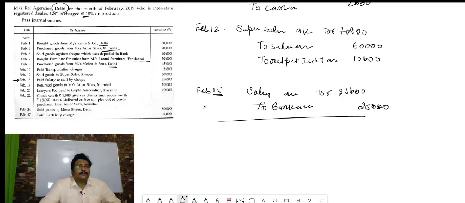Now, Feb 18, return goods to Mrs. Amar Sells Mumbai. Bacha, this return case you understand, because after that we are going to start the chapter BRS. BRS is also a very important chapter. Before that I will see what is there in the syllabus.